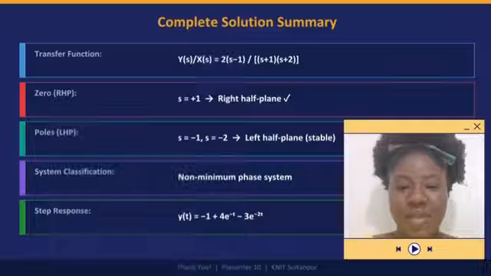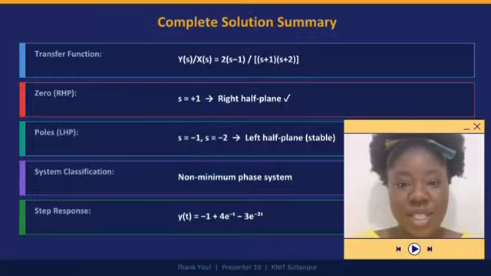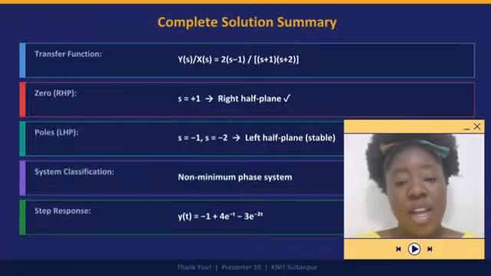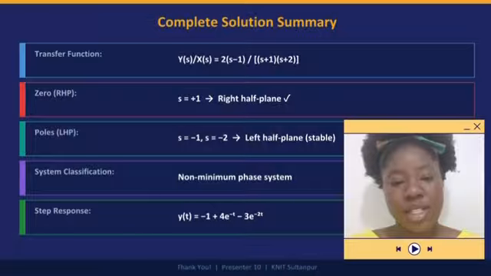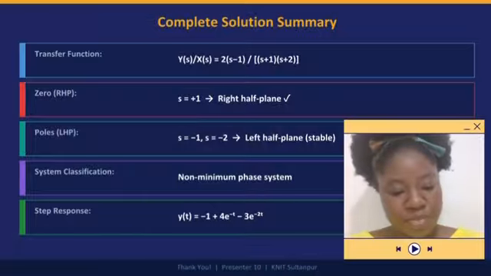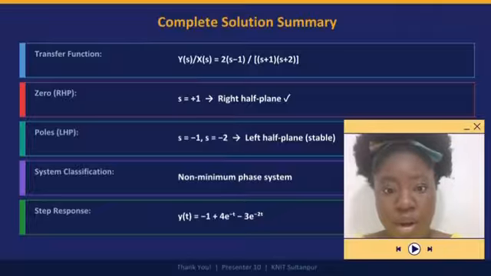Thank you very much, Hamzia, and my name is Faida Kwamiao, and I'll be taking us through our complete solution and summarizing it. So first of all, we derived the transfer function from the parallel block.